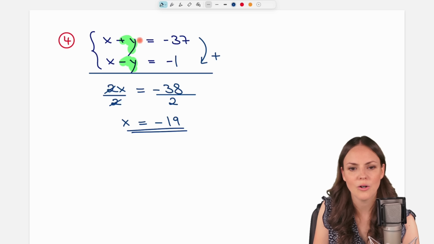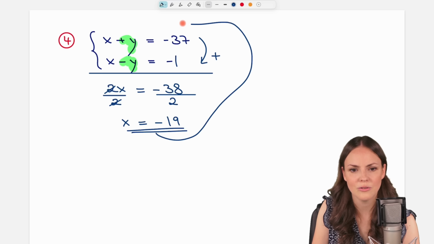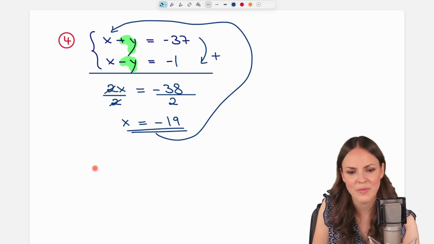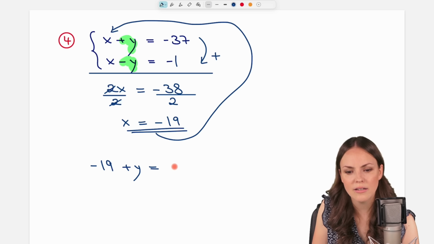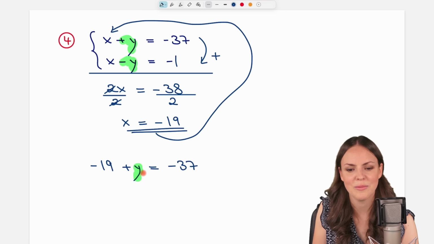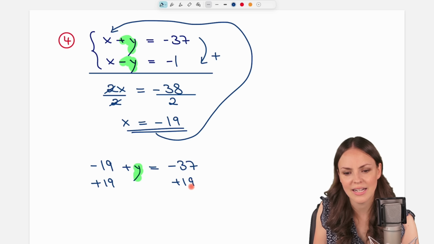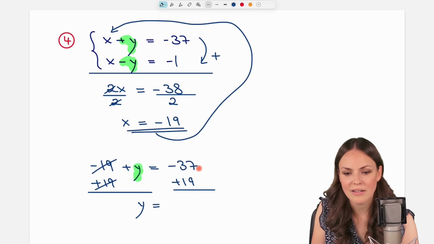And to find our y, let's take this solution and insert it here again. We get negative 19 plus our y is equal to negative 37 this time. Let's solve one last time for y by adding 19 on both sides of the equation. This cancels out and we get a result of negative 37 plus 19 is equal to negative 18 for our y.